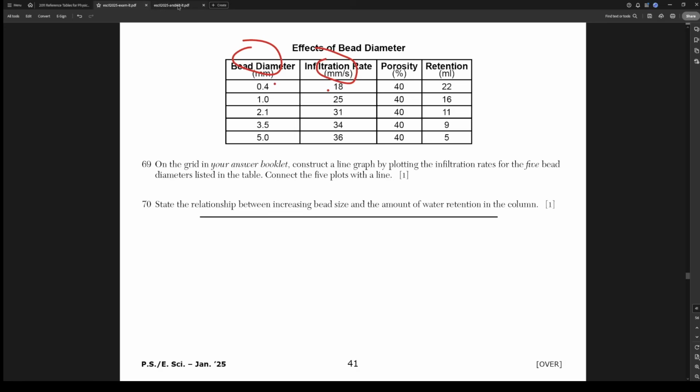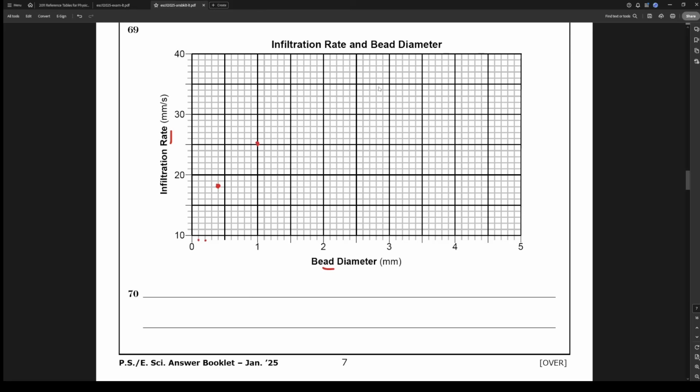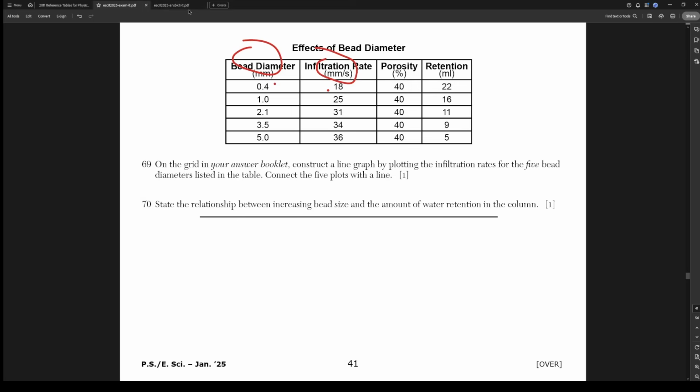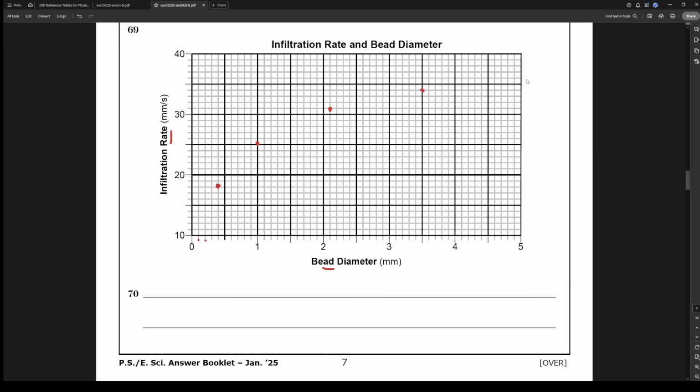And then we got 2.1 is 31, right there. And then we got 3.5 is 34. At least the grid is easy to figure out. And 5 is 36.